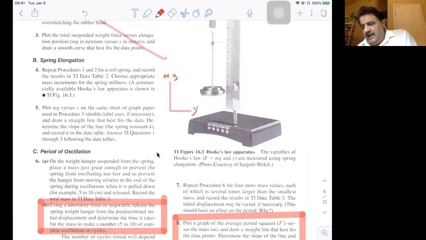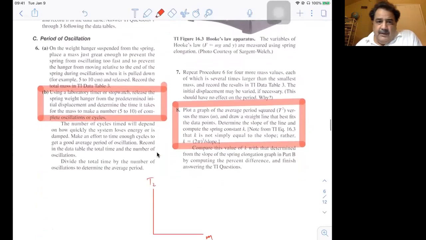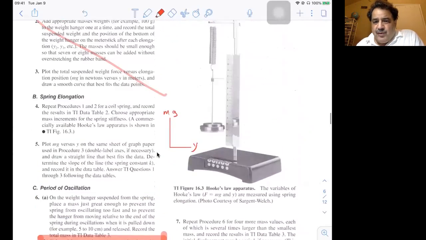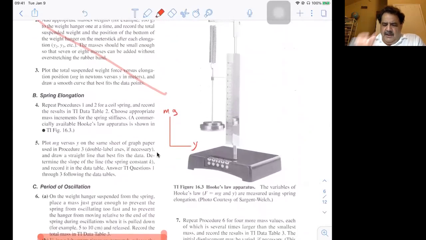You get a slope of a line, you'll come up with a spring constant. So that's the straightforward one. You just add some weight. That's a force. Force is equal to minus kx. If you plot force over the displacement, you should get the k.